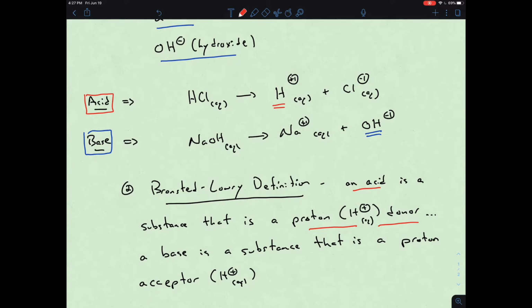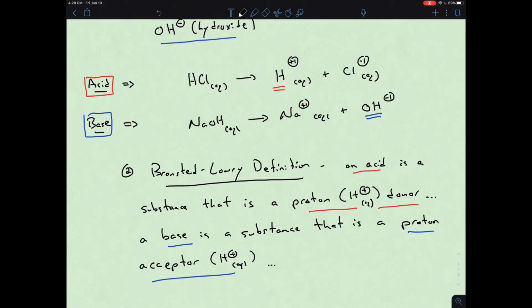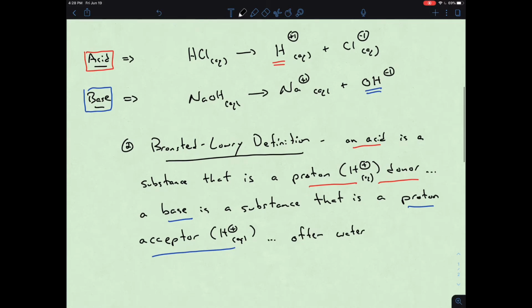But it's different in terms of the base, where we now have a proton acceptor instead of generating hydroxide or a source of hydroxide. With the Bronsted-Lowry definition, often water is part of the acid-base chemistry.